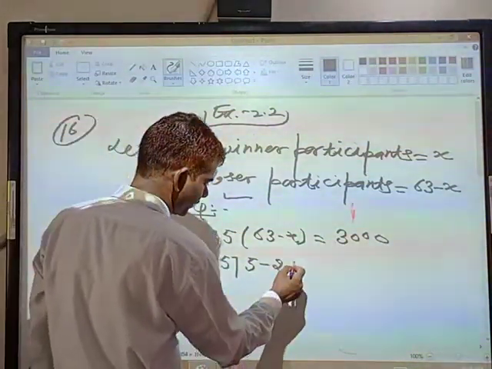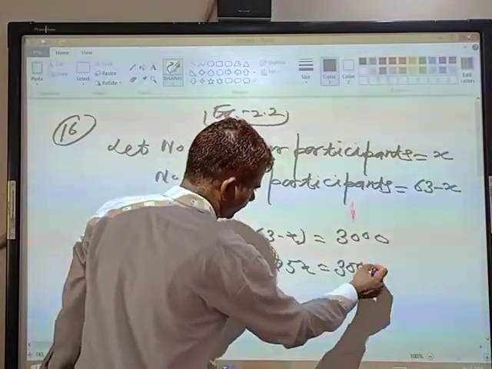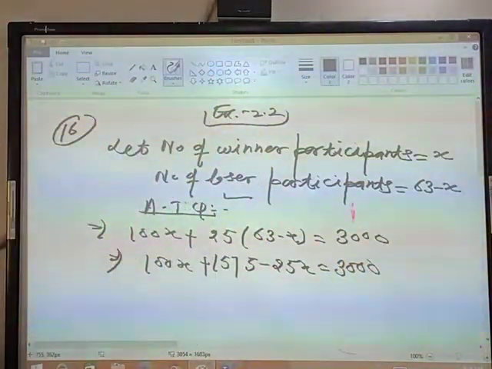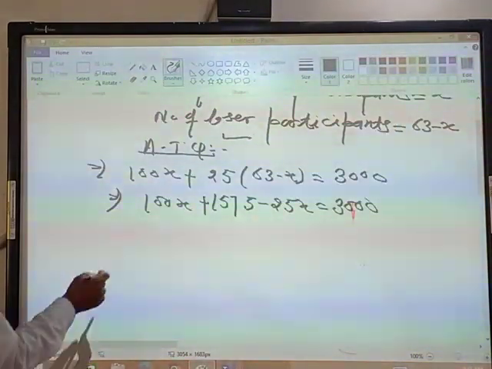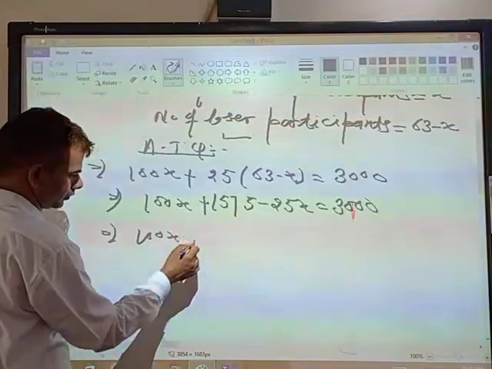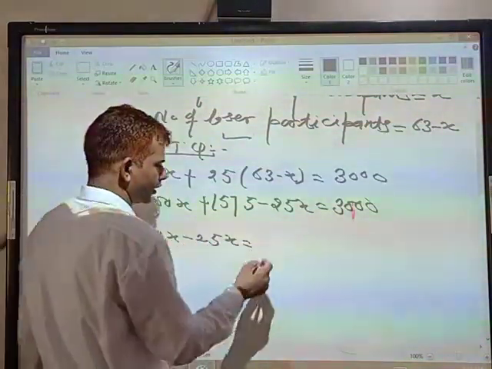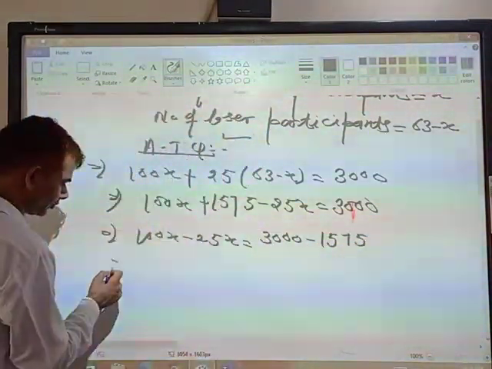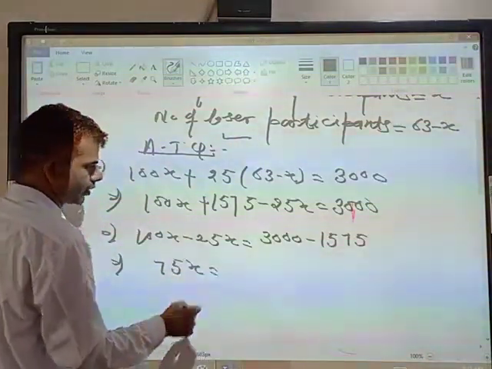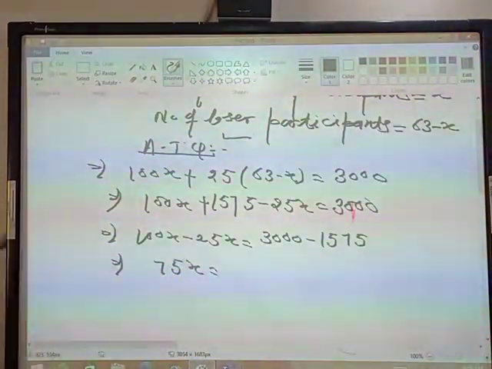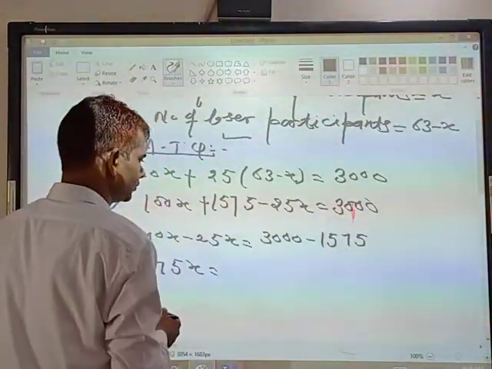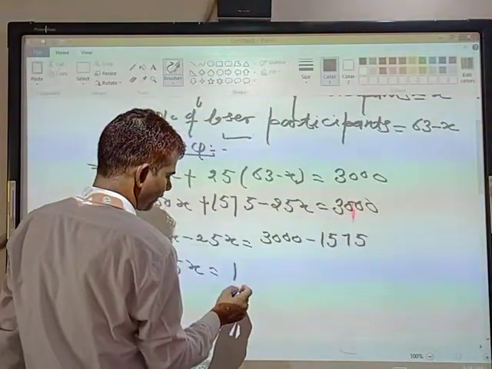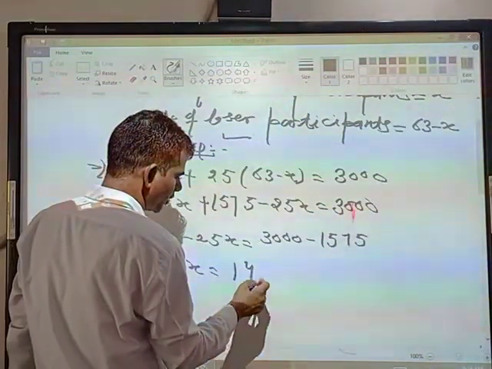Plus 25x is equal to 3000. 100x minus 25x is 75x. 3000 minus 1575 is 1425. So 75x is equal to 1425.